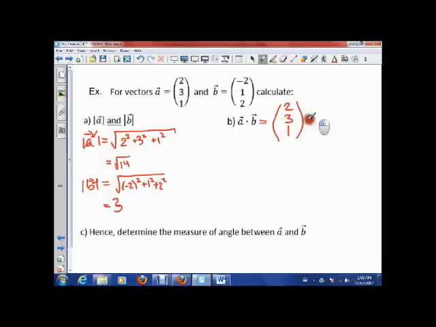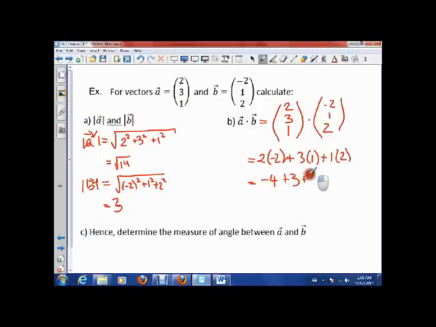So (2, 3, 1) dot (negative 2, 1, 2) is equal to 2 times negative 2 plus 3 times 1 plus 1 times 2. So that's negative 4 plus 3 plus 2 is 1. So A dot B is equal to 1. Magnitude of A is root 14. Magnitude of B is 3.